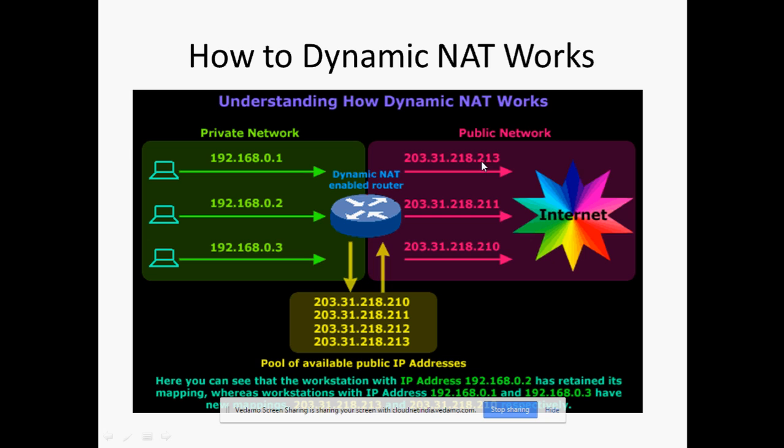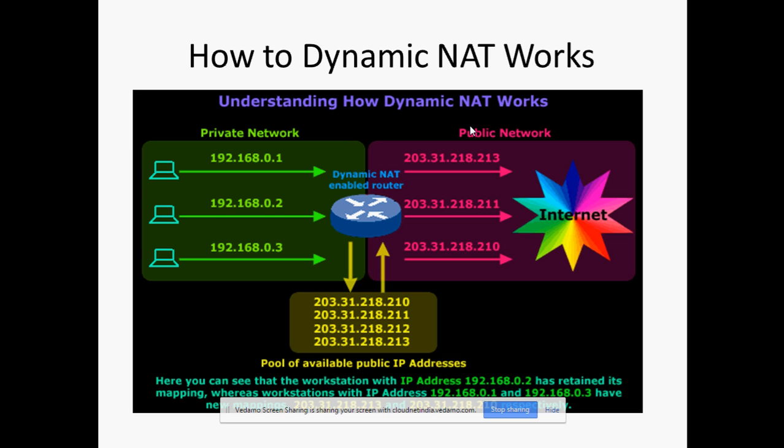If you are using static NAT, then this public IP address is always fixed for 192.168.0.1. However, if you are using dynamic NAT, then the mapping method is one to one, but it is not always fixed, as there is a pool of public IP addresses.